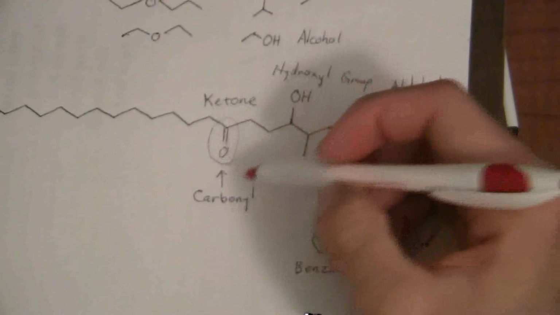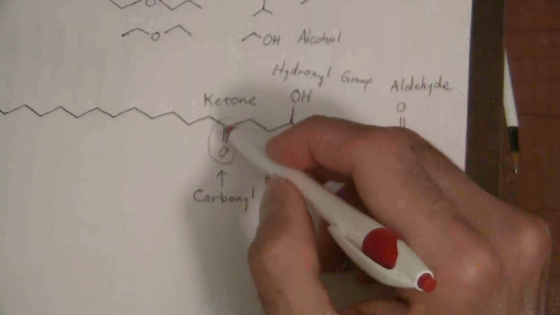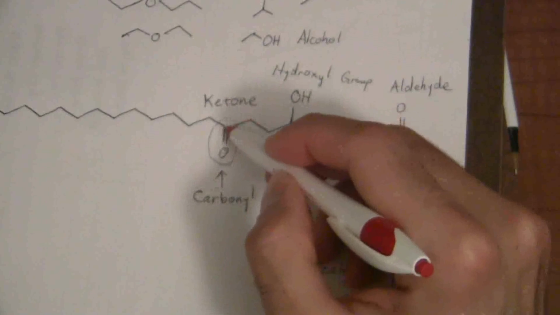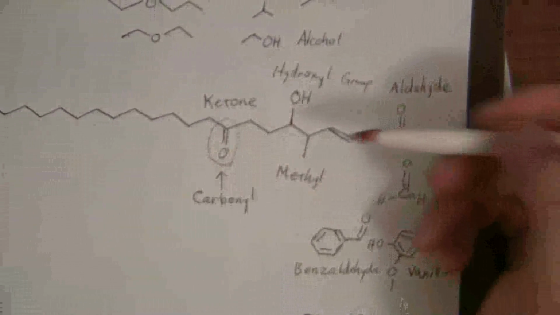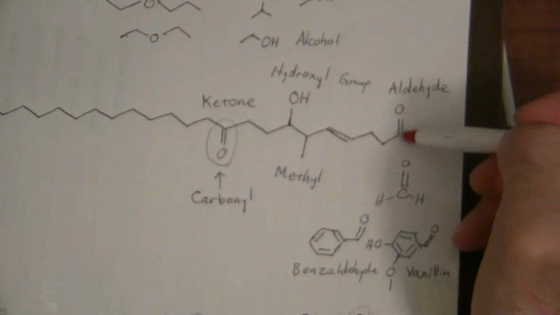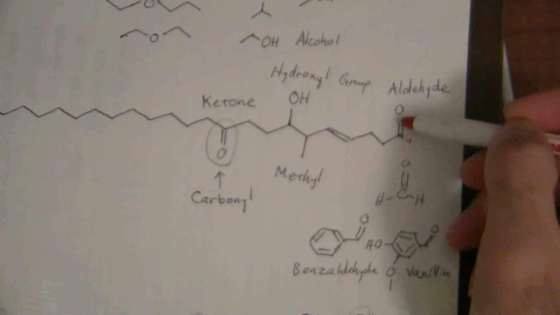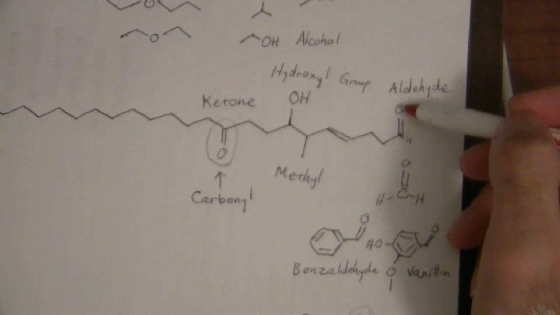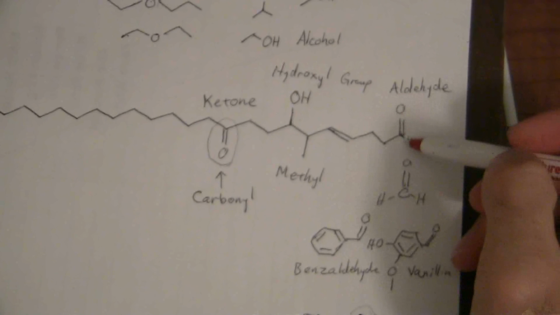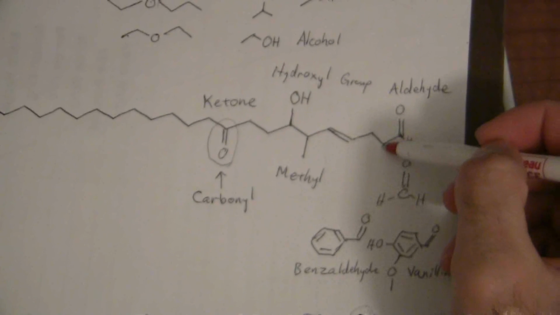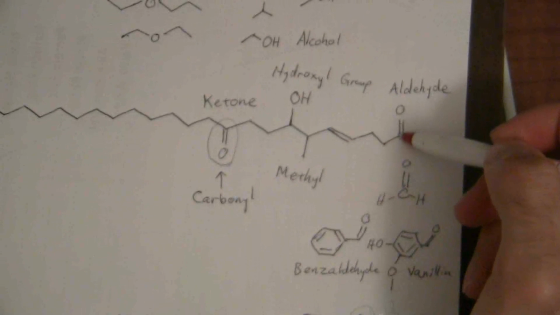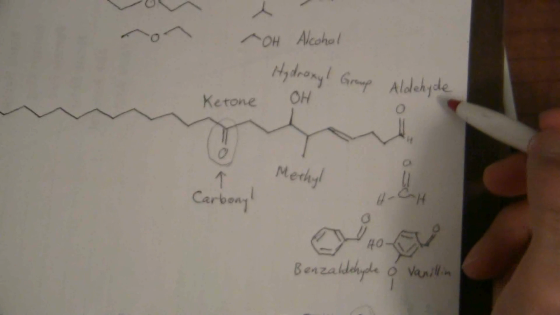So if I have a carbonyl carbon that is attached to two other carbons, that is a ketone. But if I have a carbonyl carbon, this is still a carbonyl carbon because it has a double bond to oxygen, but this carbonyl carbon is only attached to one carbon chain, and that makes it an aldehyde.